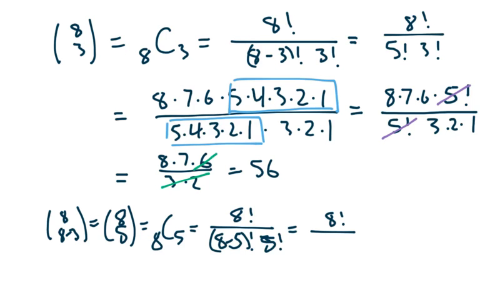But what is 8 minus 5? That's 3. So 5 and 3 and 3 and 5, the difference is just the order. You end up with all the same factors, and so these are of course going to reduce the same way. They're just written in a different order.